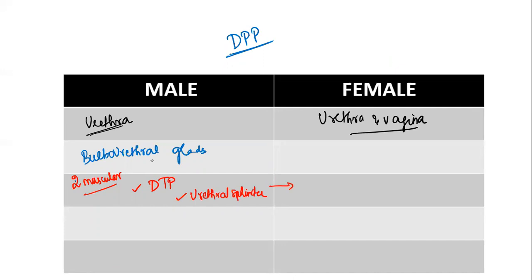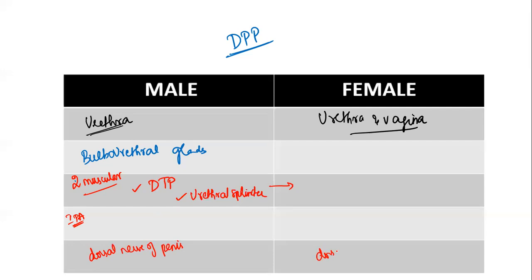Then I have told you about the bulbourethral gland, and you will have the internal pudendal artery branches again, which will extend into the deep perineal pouch also, right? The perineal artery, then mainly you will have your deep artery of penis and the clitoris, right? Dorsal and the deep arteries of penis and the clitoris will be the contents of the respective sex. Then you will have the dorsal nerve of penis and clitoris.